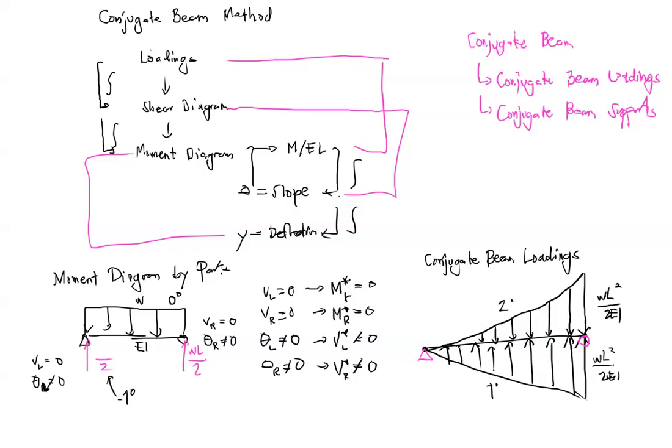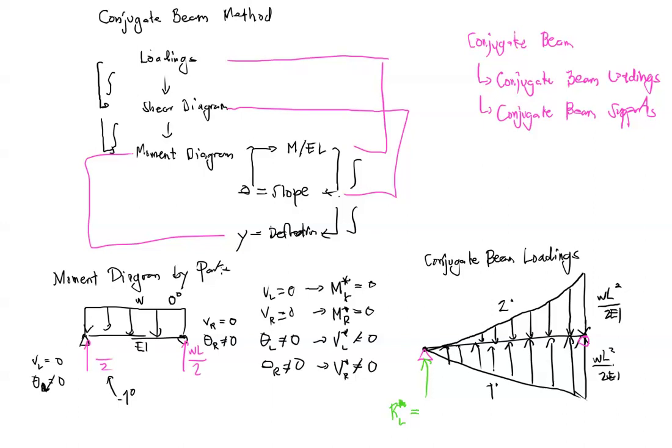Kaibahan lang is kailangan nating makuha yung conjugate beam support reactions. Ito yung namimiss ng karamihan. So, meron akong RL. So, yung R dun sa left-hand side, lalagyan natin ng asterisk to denote na ito ay conjugate beam loading mo ay equal to.